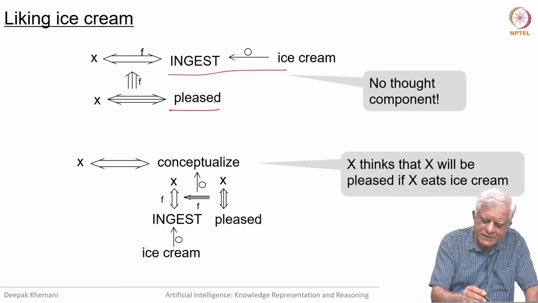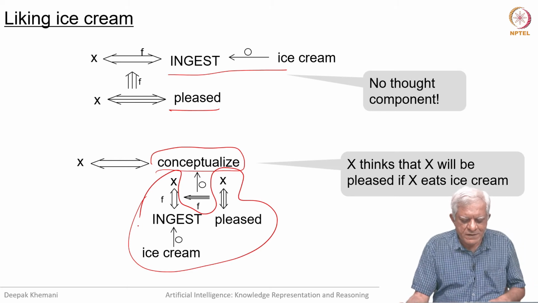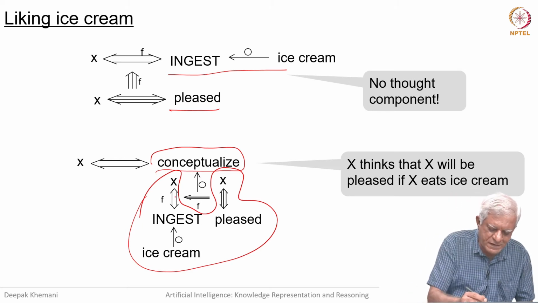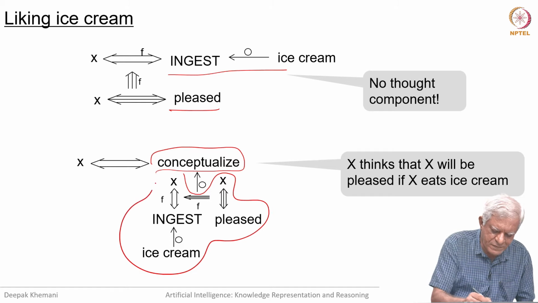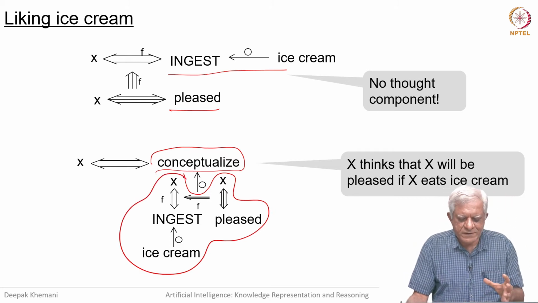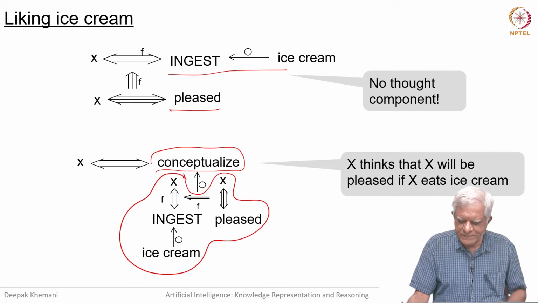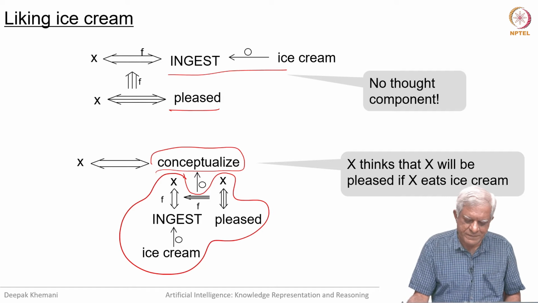But we can also say that I can conceptualize this fact, that whenever in the future I eat ice cream, then I am happy. The same fact, but I can think about that fact. X thinks that X will be pleased if X eats ice cream.